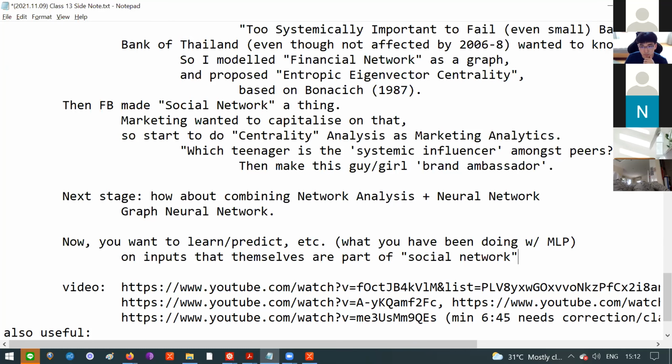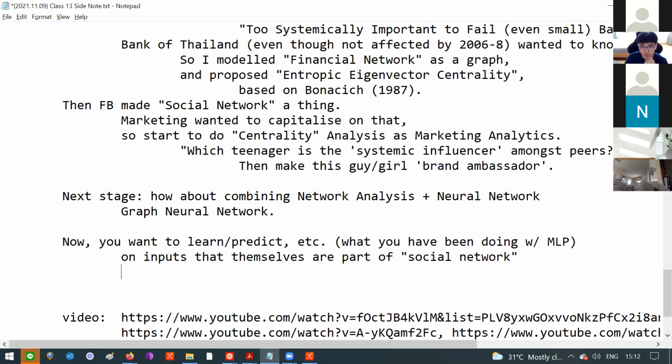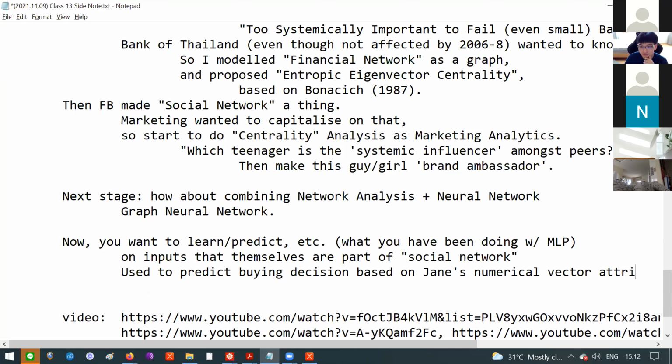So in other words, you used to say predict buying decision based on, let's come up with Jane's numerical vector attribute.